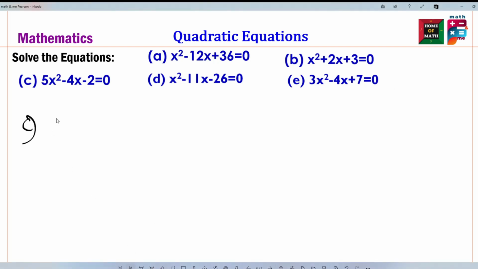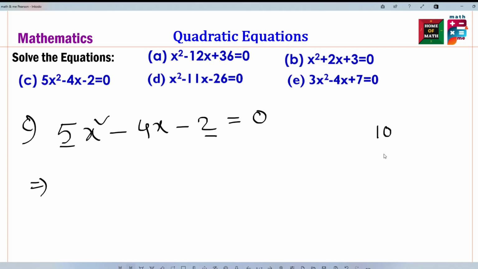5x square minus 4x minus 2 equals 0. Let's try factoring. Here is 5 and here is 2, so it will become 10. 10 we can write like this, here is 2 and here is 5.